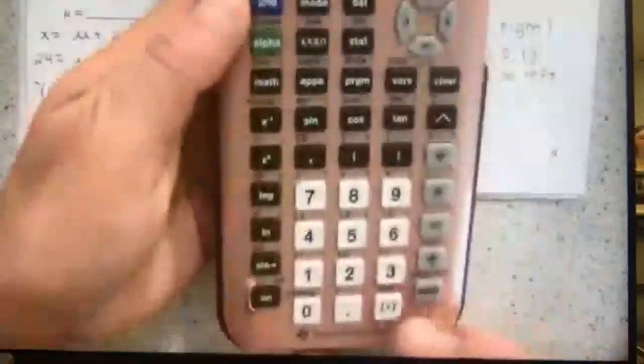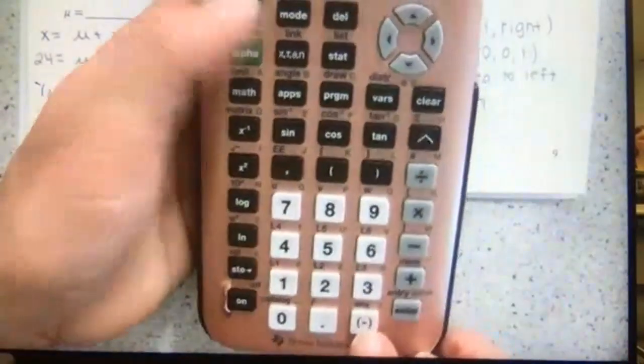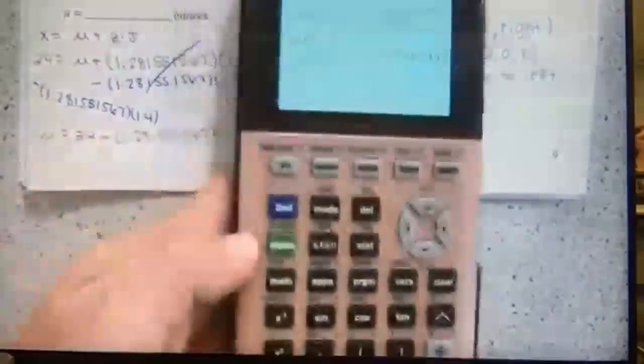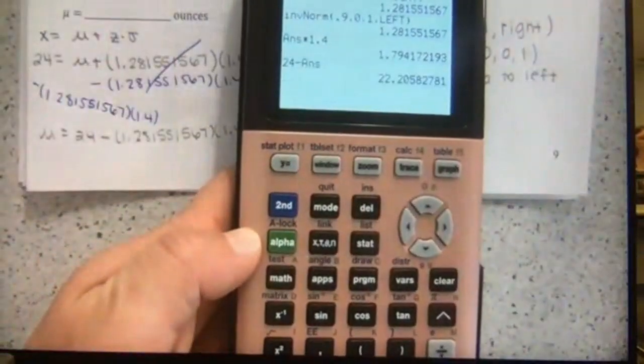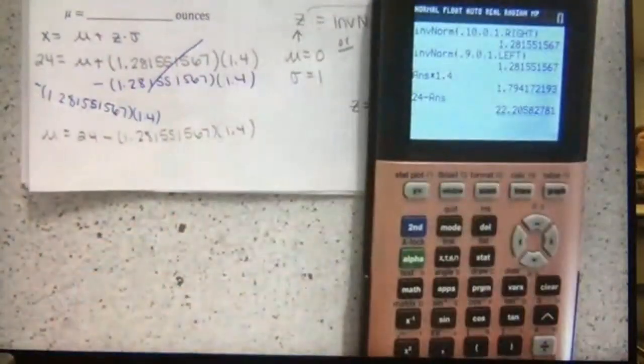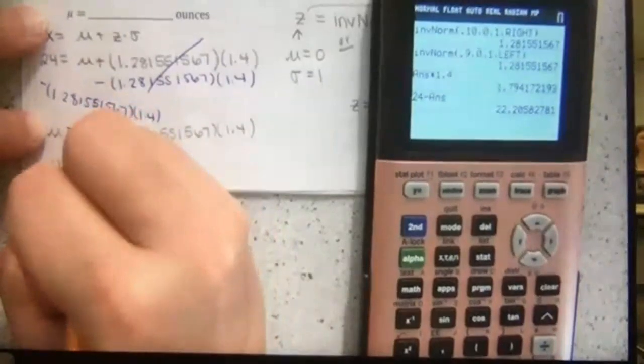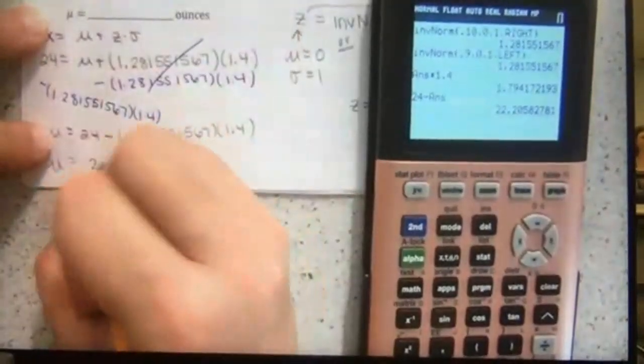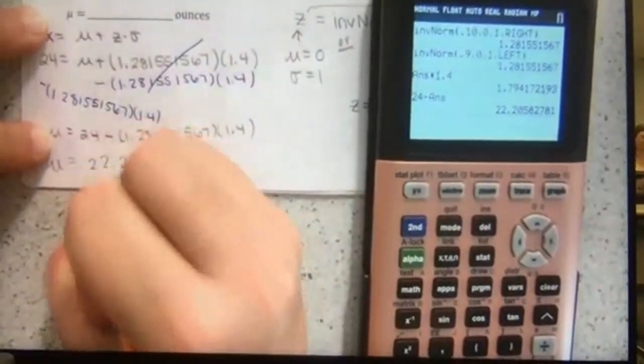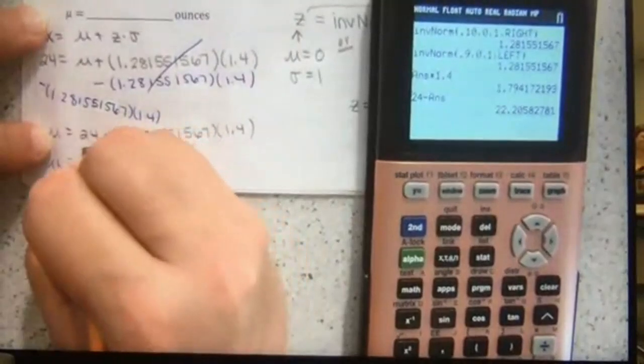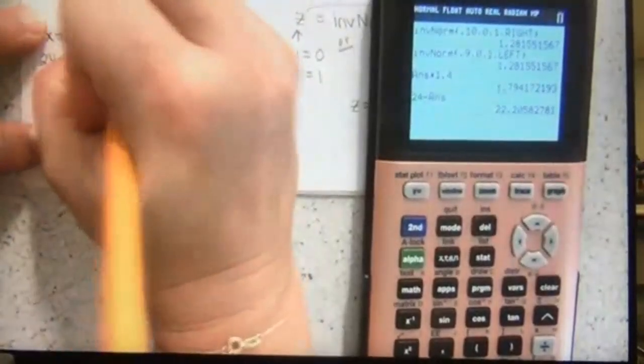So 24 minus, remember answer is second and then your negative sign. So 24 minus that answer, boom, there's my mean. And it said round to 1 decimal place. So 22.20 will round to 22.2 ounces.